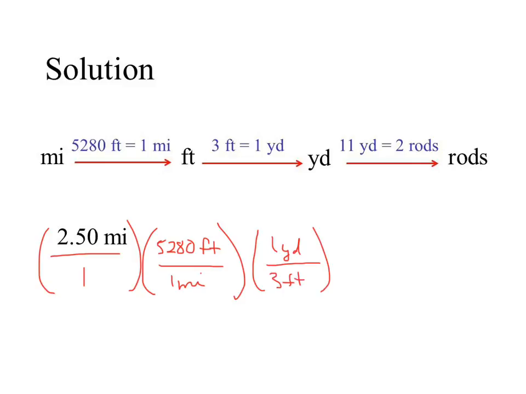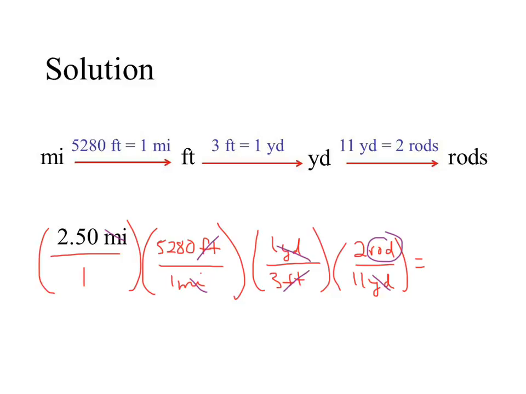Perfect. And then I want to be left with rods and yards to cancel. So what does that look like? 2 rods over 11 yards. Does that make sense? So if we let stuff cancel, miles have canceled, feet have canceled, yards have canceled, left with units of rods.